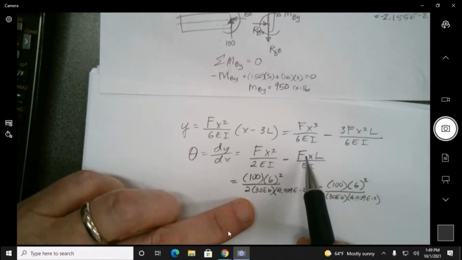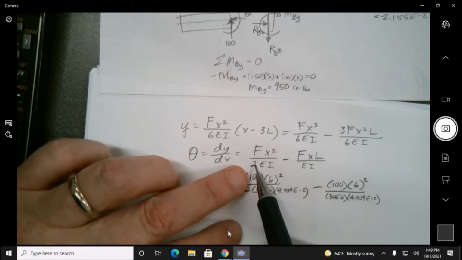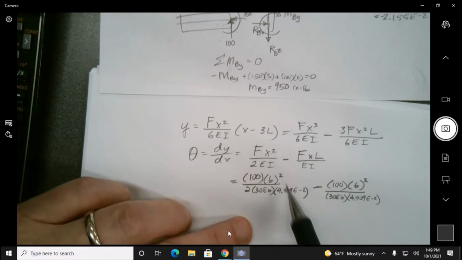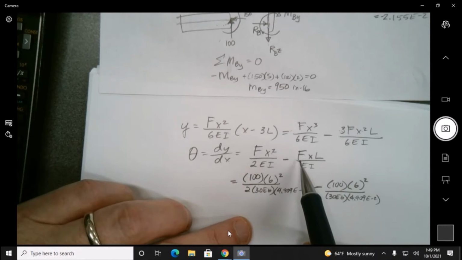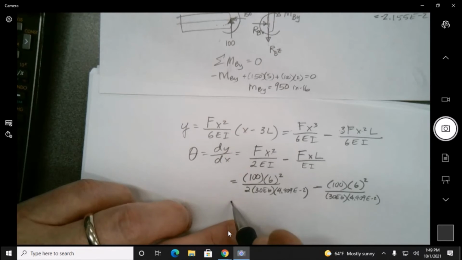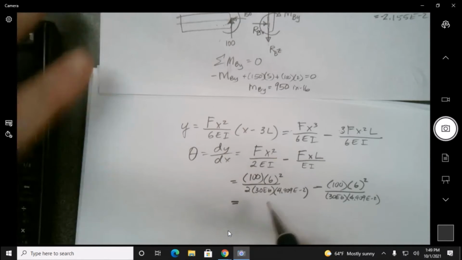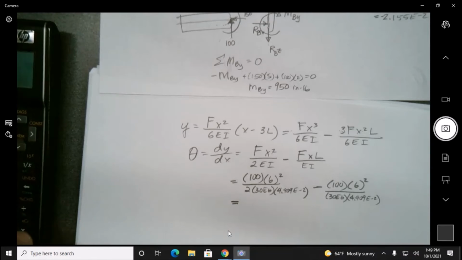Should that be a negative number? I think it'll end up being a negative number, actually. It'll be okay. It's really just that.